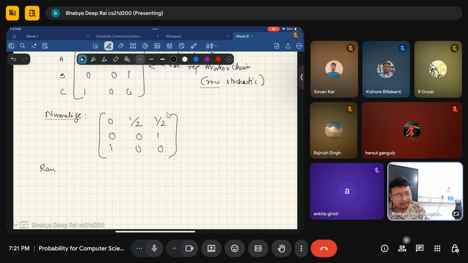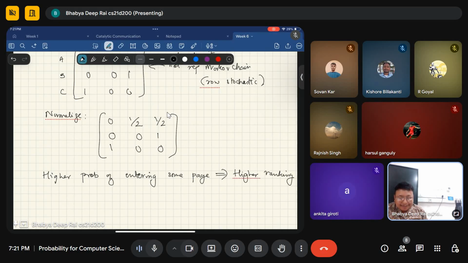A higher probability of entering some page, or clicking into that page, would mean better ranking. So now again, the same question like before: how do I calculate the probability of entering these pages?